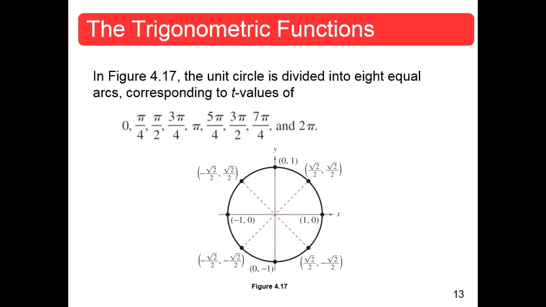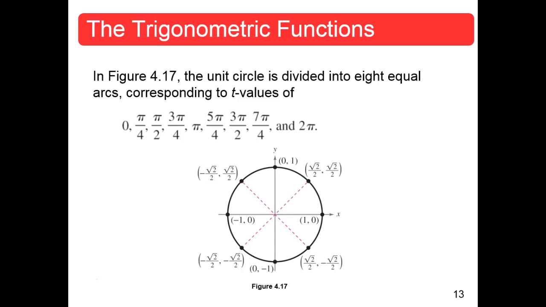So, this figure right here, 417, the unit circle is divided into 8 equal arcs, and we were talking about this last time. Now, I think we got started on this. The entire unit circle has a radius of 1. Then the circumference is just going to be 2 pi.